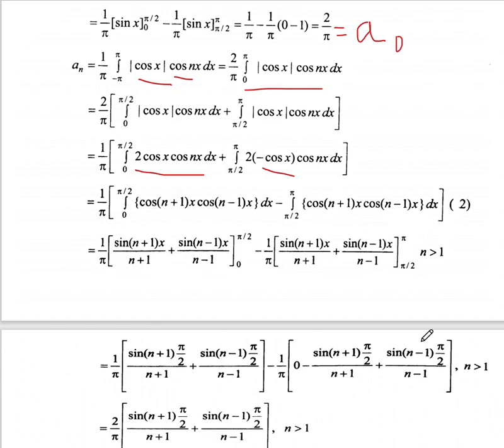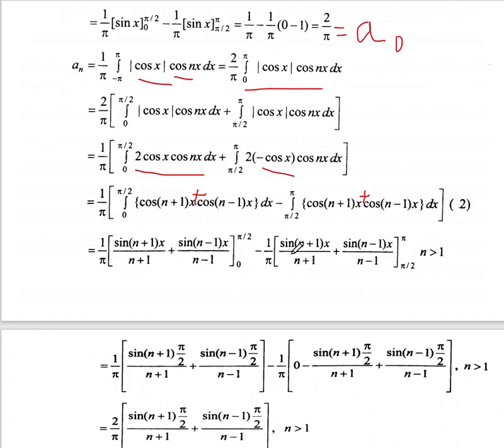This is equation number 2, for n greater than 1. Actually there is a plus sign in between. Integration of the first term is 1 upon pi, sin n plus 1 x divided by n plus 1, plus sin n minus 1 x divided by n minus 1, with limits 0 to pi by 2.